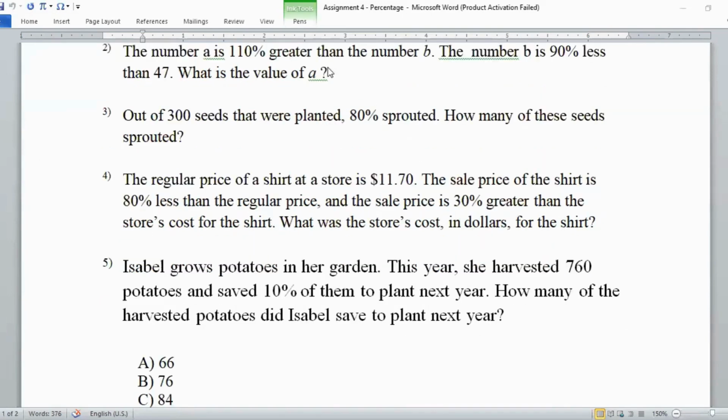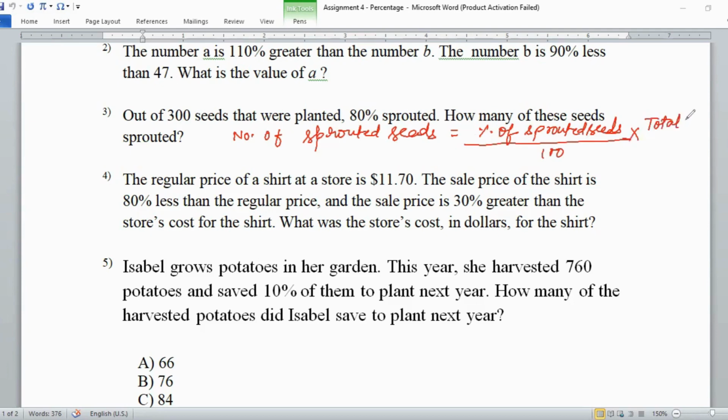The third question is: out of 300 seeds that were planted, 80% sprouted. How many of these seeds sprouted? For that, let us write one formula here: the number of sprouted seeds is equal to the percentage of sprouted seeds divided by 100, multiplied by the total number of seeds.